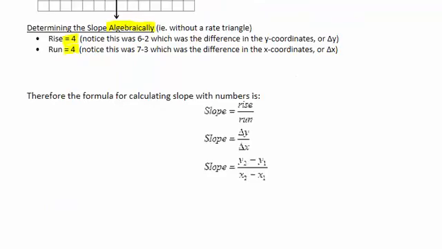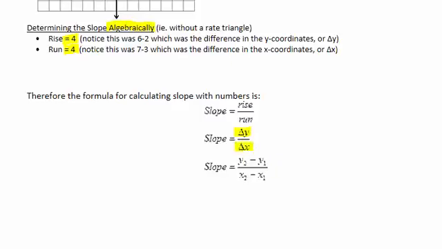So now that we have investigated that pattern, here's the new way to calculate slope. So therefore, the formula for calculating slope with numbers, so without the rate triangle, is as follows. Slope is still equal to rise over run, but now we can calculate rise, the difference in the y coordinates over the difference in the x coordinates.